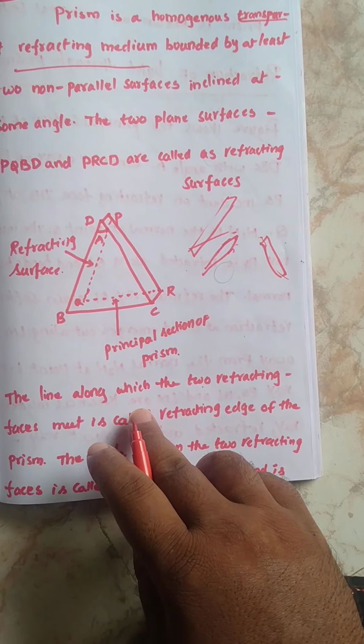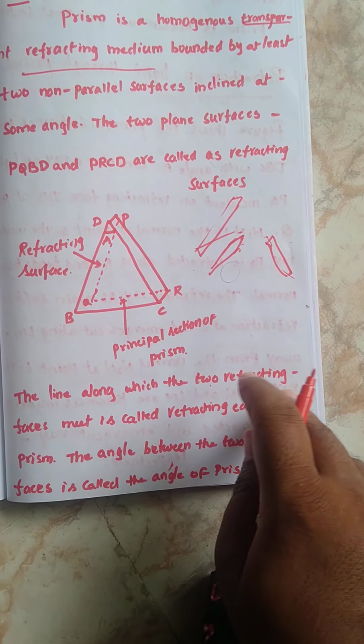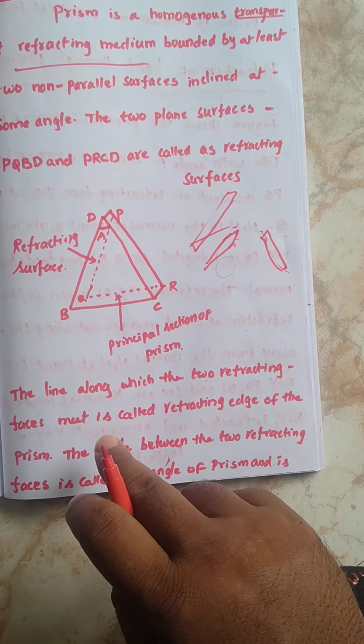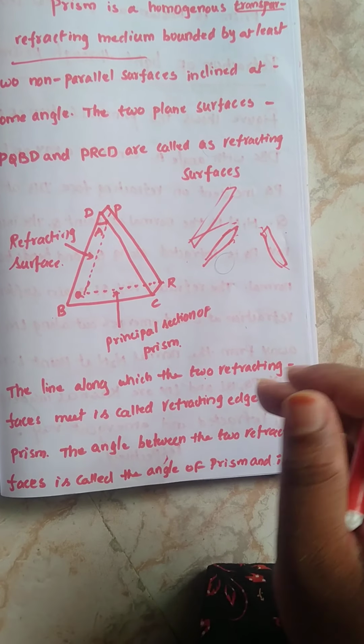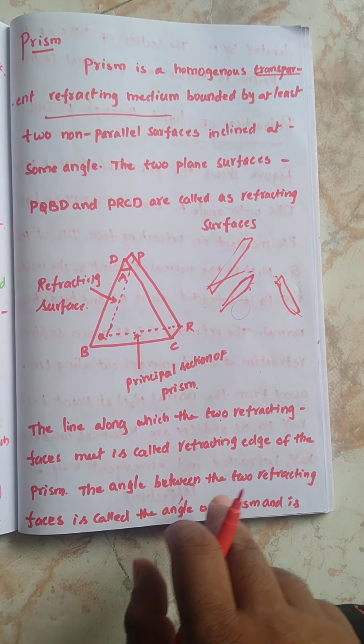And dear students, the line along which the two refracting faces meet is called the refracting edge of the prism. And the angle between the two refracting faces is called the angle of prism.